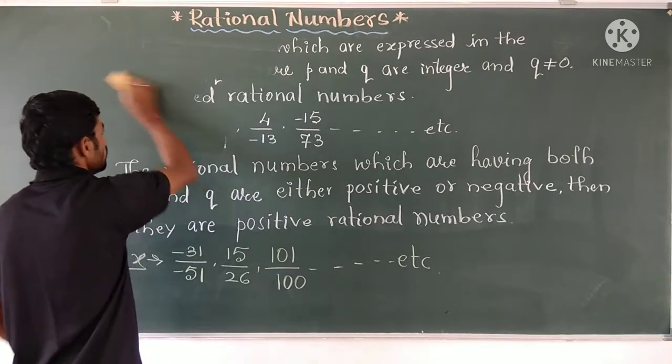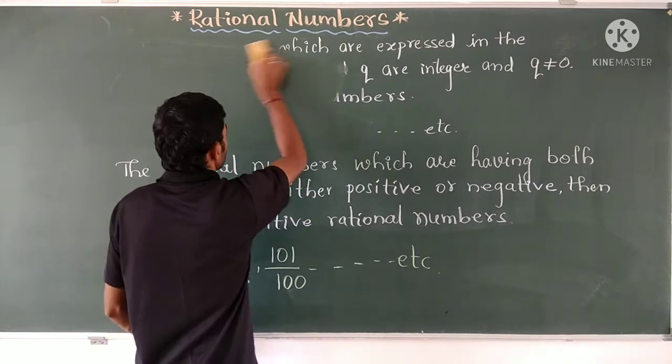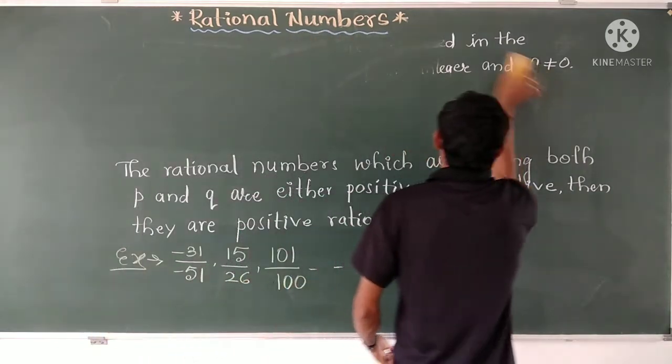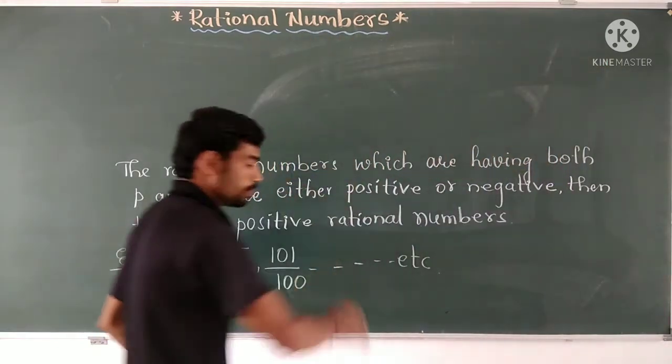Next, what are negative rational numbers?